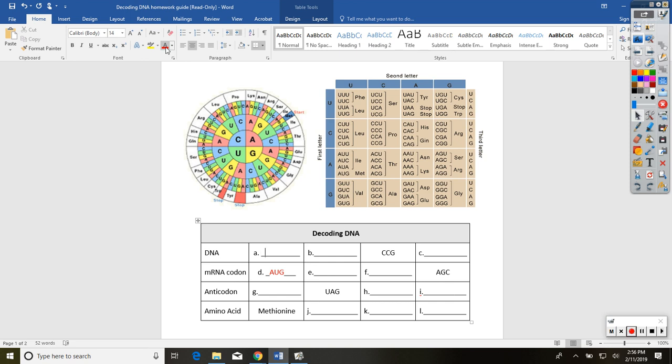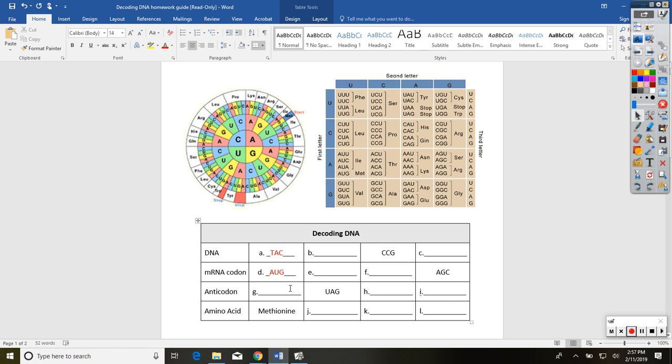So what pairs with A? T, apples go with tree. U gets treated like a T, so you say what pairs with T? T is like tree, so apples go in the tree. And then G is guacamole, and chips go with guacamole. So TAC would be the DNA strand.